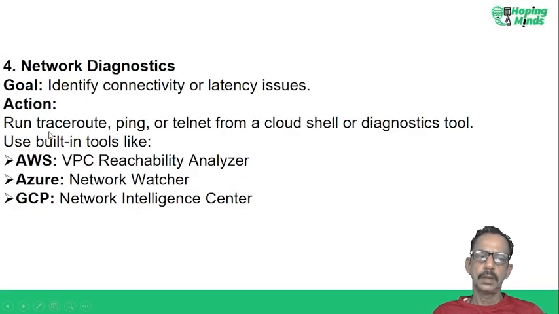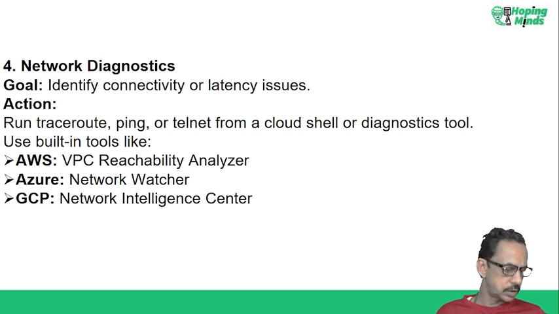For a network issue, try traceroute, ping or telnet from the cloud shell or any diagnostic tool. These are common troubleshooting utilities. Normally we run them on-prem or from our laptop or desktop, and we can verify it.